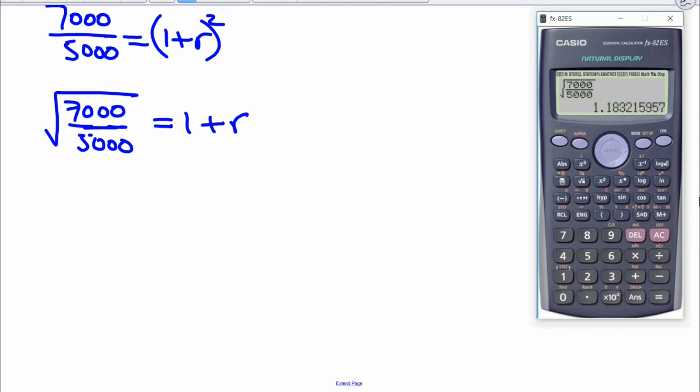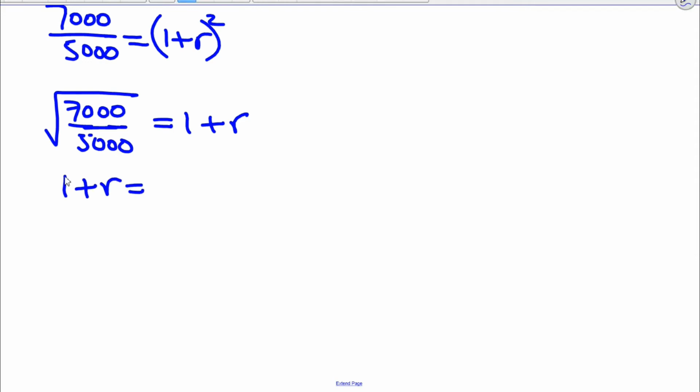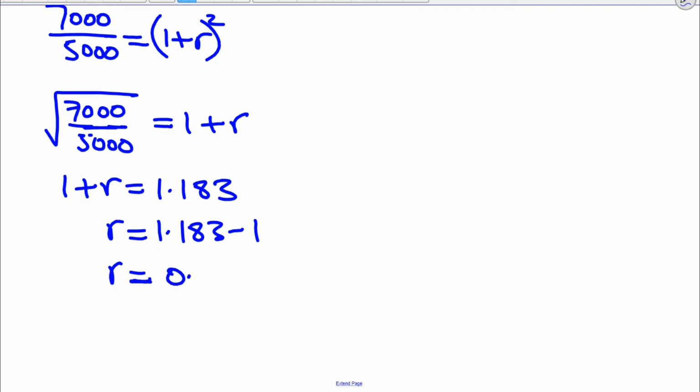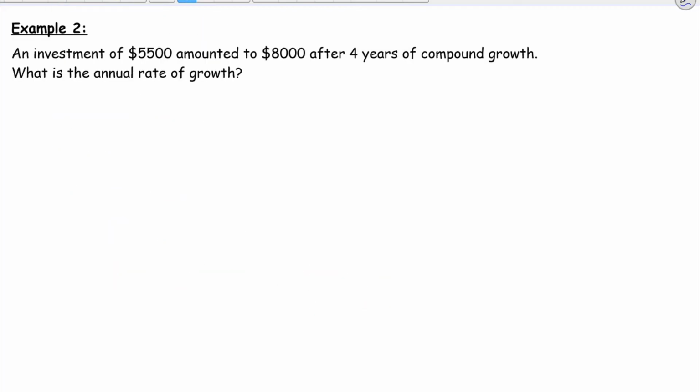So 1 plus R will be equal to 1.183, which means R will be equal to 1.183 minus 1, and R will be equal to 0.183. And this is equivalent to 18.3%.